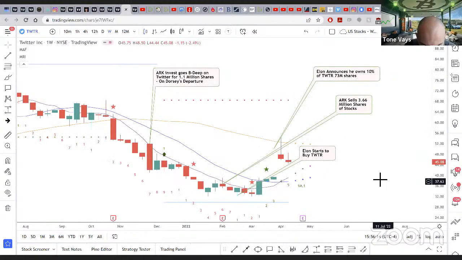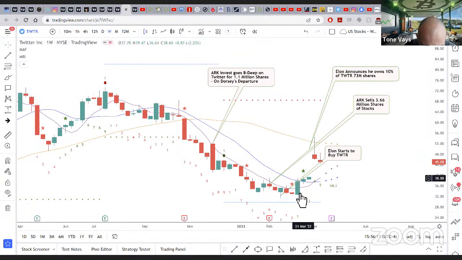The point is, the reason why Twitter went up is because Elon bought the stock and he started buying up liquidity. And it's not easy to keep it secret, right? People know, insiders know, people at Twitter know Elon's buying the stock. People that are close to Elon know Elon's buying the stock.